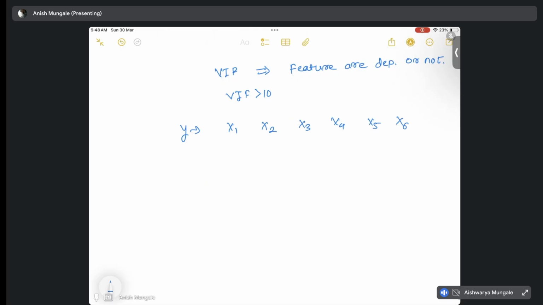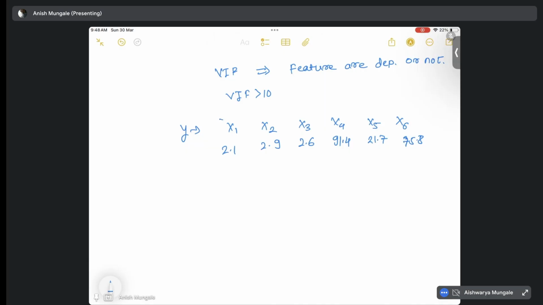So we have already found the VIF score. Let me write the VIF score for each one of these. So let's say 2.1, 2.9, 2.6, 91.4, 21.7, and 75.8. Let's say these are the VIF scores. Correct?